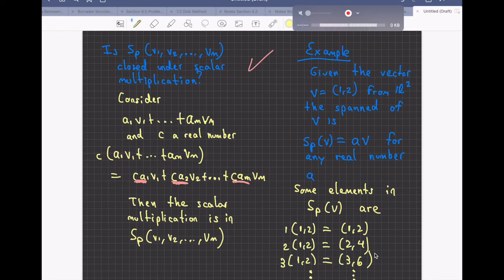In this case, notice how we have the possibility to have only one vector. No problem with that. We can consider only one vector, and this SP of B is still the span, and it's still a subspace.